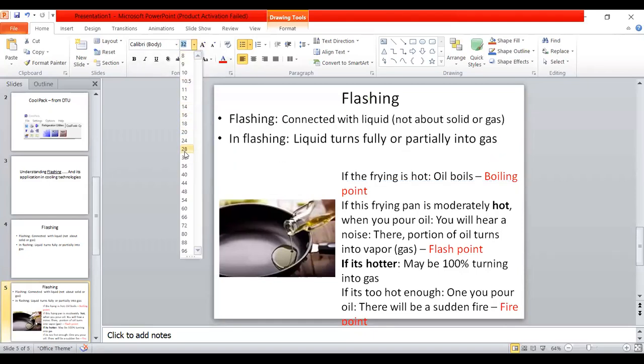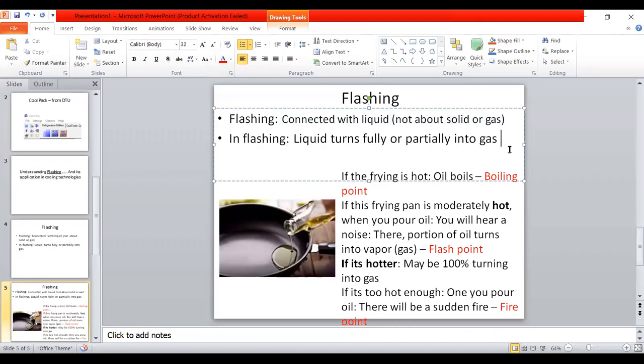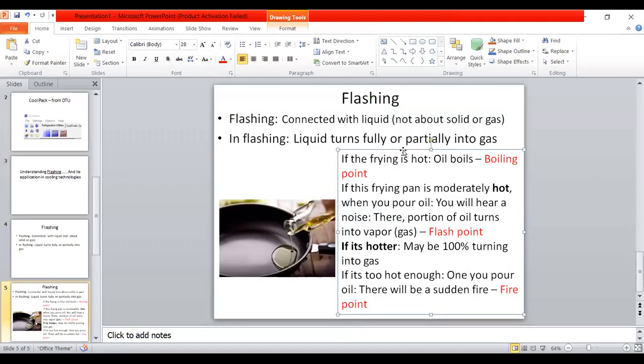So you have to explore this beyond the words, because these are words, but practically you should have a good sense of boiling, flashing, and even firing. So we are not going to talk about oil, but we are interested in this flash point.